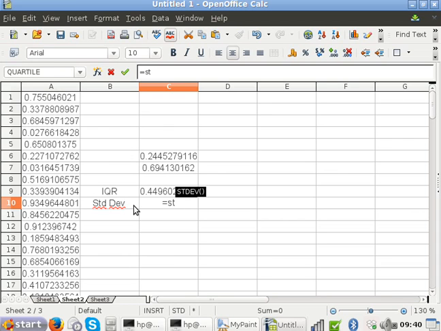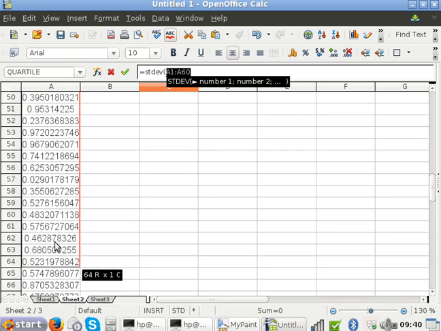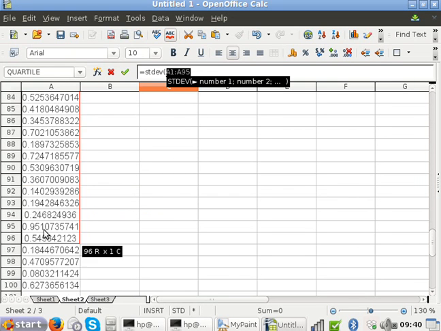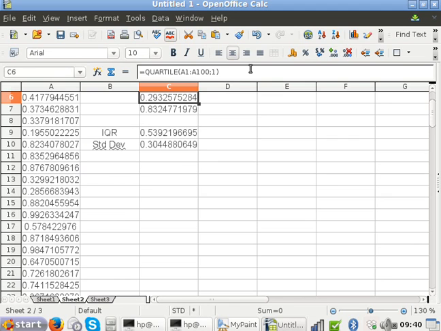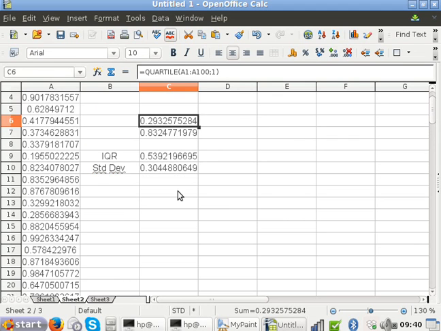It should be small, because all the numbers are going between 0 and 1. There it is there.